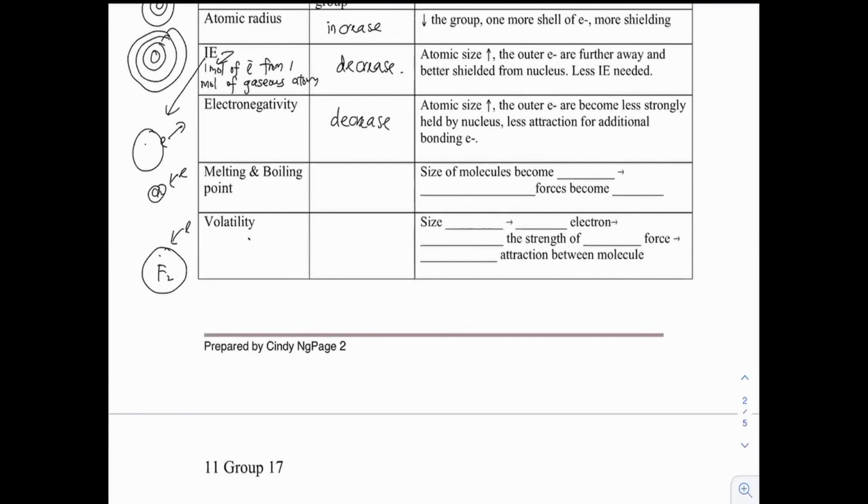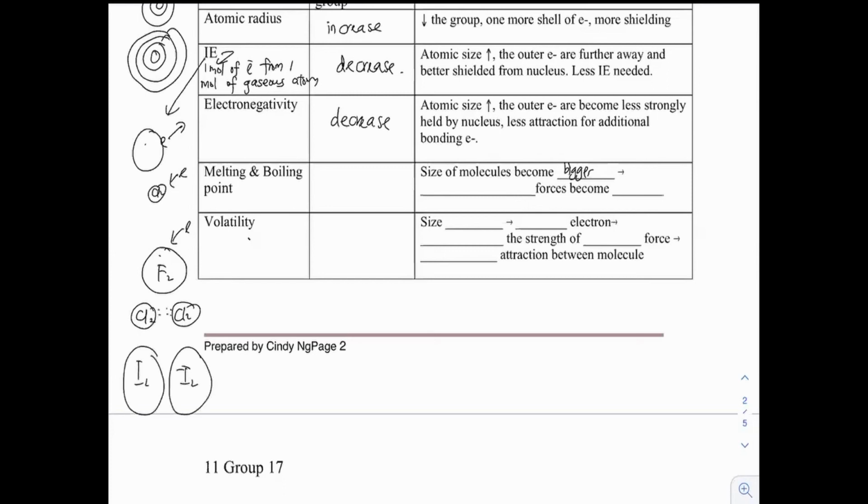Melting point and boiling point. As the size of the molecule becomes bigger, what types of forces are we looking at when we talk about melting point? If we talk about Cl2, compared to the biggest, which is iodine, that's very big.